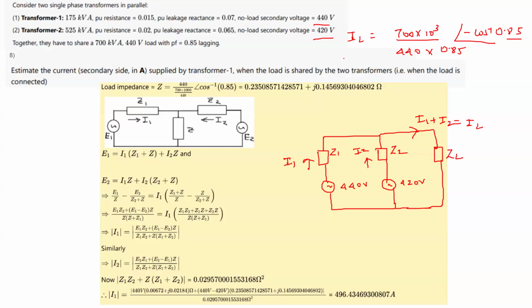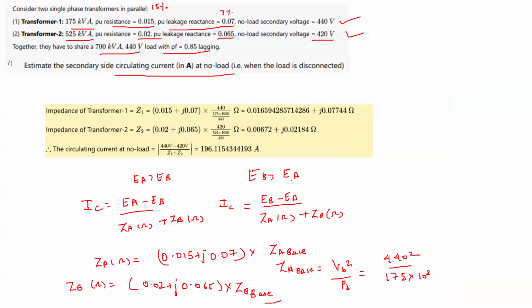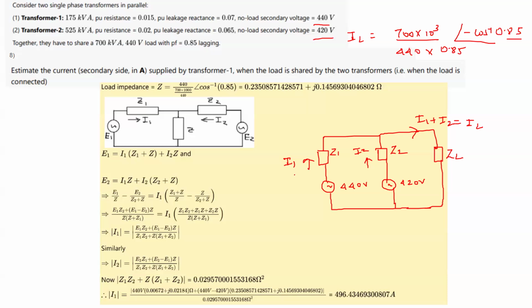Now how can we solve for it? For solving it, we have two unknowns, which are I1 and I2. Z1 and Z2 we know, since we have calculated Z1 ohm and Z2 ohm from the same data. So there are two unknowns, so we need two equations.